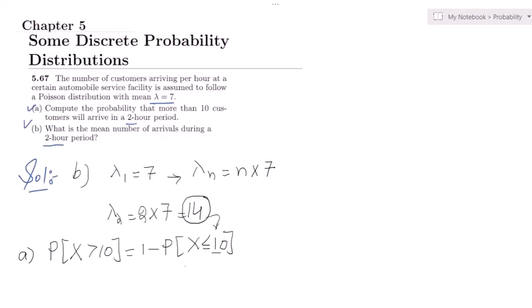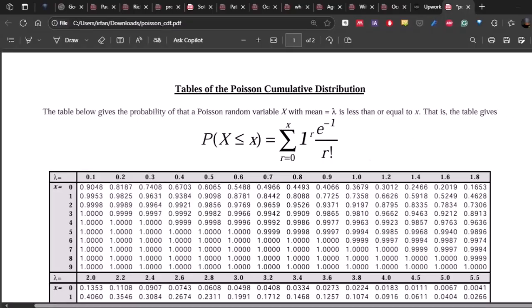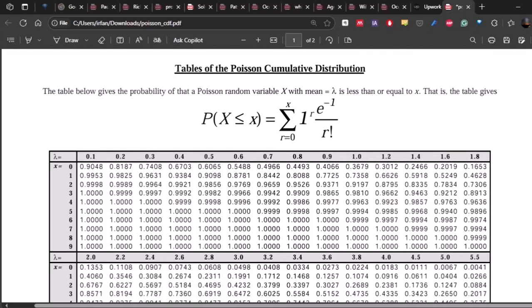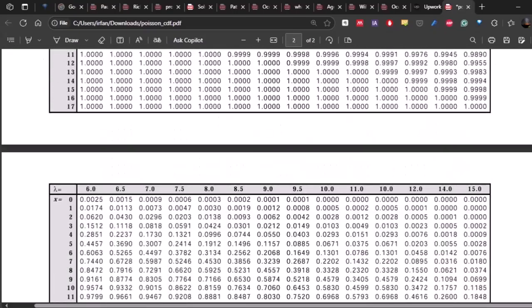So for this I can very easily use the Poisson CDF table, which is given. In that table I will find the value for x equal to 10 and lambda equal to 14, and subtract it from 1. So let us go to that table. Let me move to the value of lambda equal to 14.